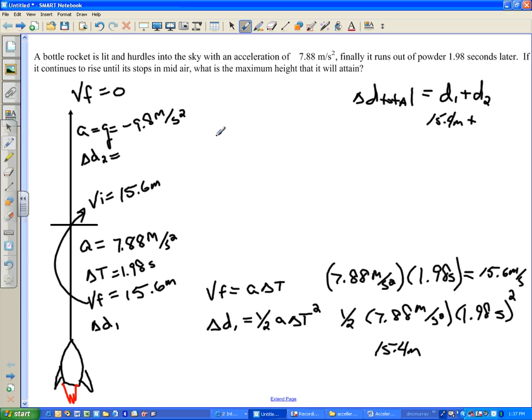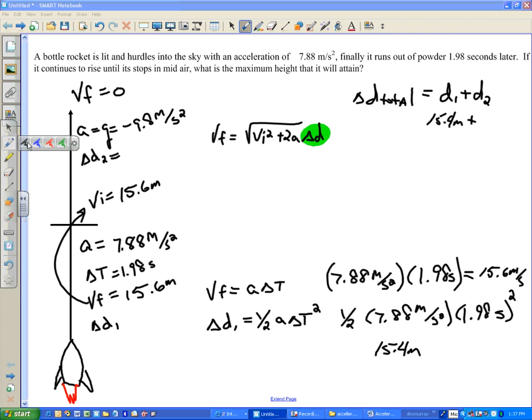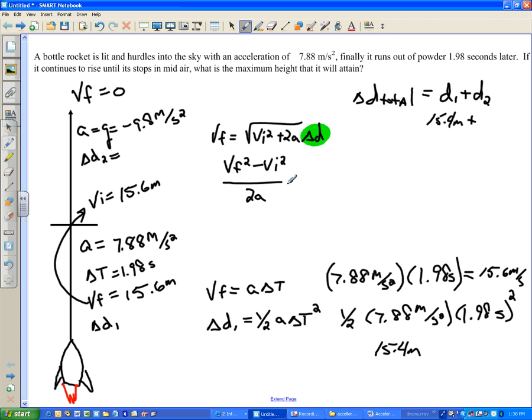Because we have an equation on your equation page which says VF squared equals VI squared plus 2A delta D. We're going to solve this for delta D, because here's our unknown. Rearranging this, it becomes VF squared minus VI squared all over 2A, and that'll equal your change in distance.